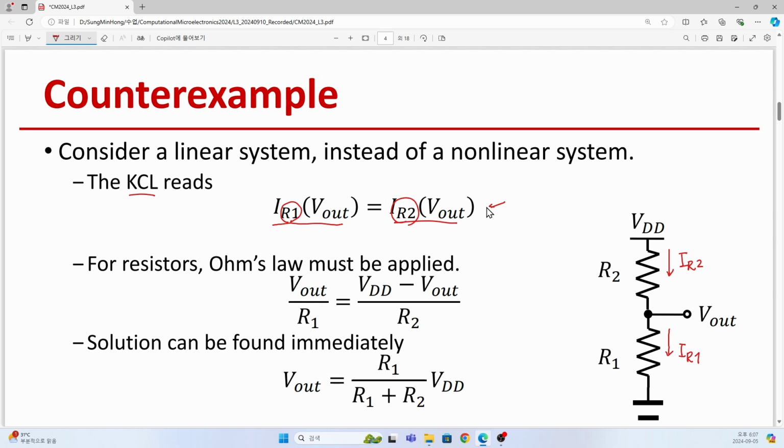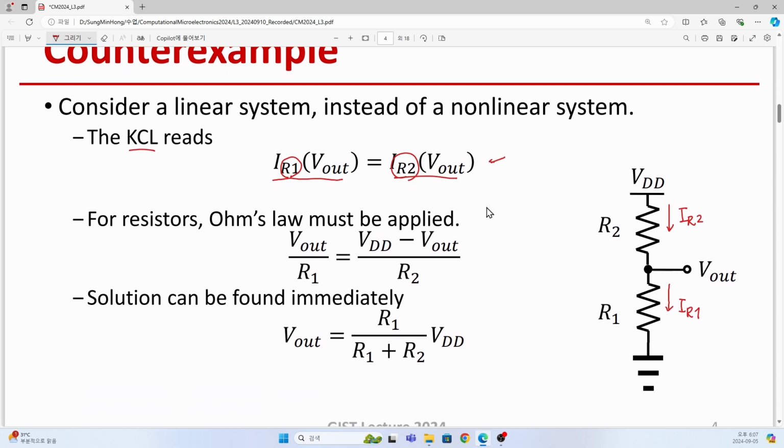Now let's try to solve this system analytically. In this case, here we have V out and branch current IR1 can be easily obtained by this expression. This is the result of Ohm's law, the equation for our resistors.